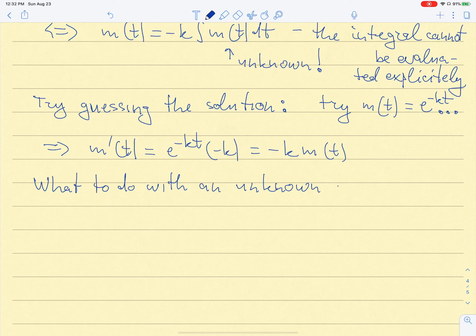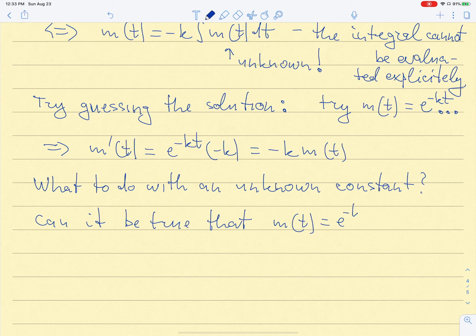So one thing, since we're still guessing: can it be true that, just like in the previous case, m of t is e to the minus kt plus c, right?